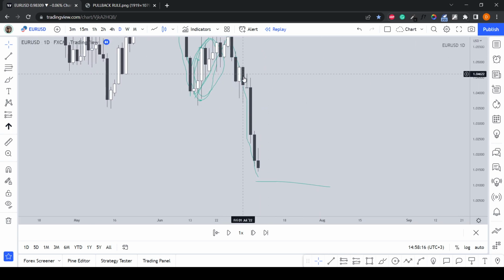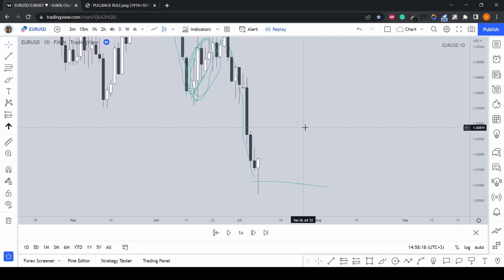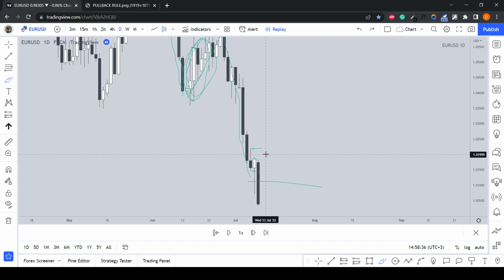This is just one move to the downside. And now we have a white candle, but pay attention that it didn't close above its neighbor. Instead, it closed inside the range of the previous candle, this white one. And so we have one more bearish candle. So this is the continuation of the same range.